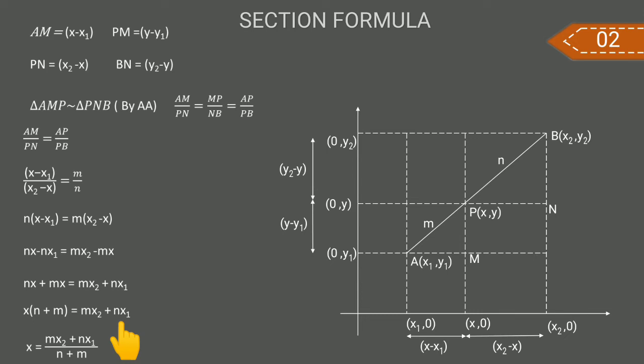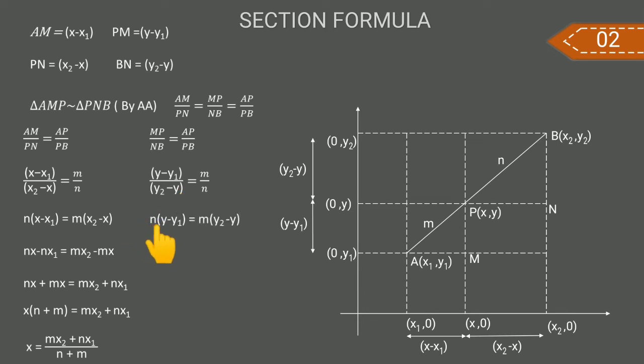In the same way we find the coordinate of y. For finding y, we take MP upon NB is equal to AP upon PB. The value of MP is y minus y1, the value of NB is y2 minus y, and we know that AP is m and PB is n. Again cross multiply: n with y minus y1 and m with y2 minus y.